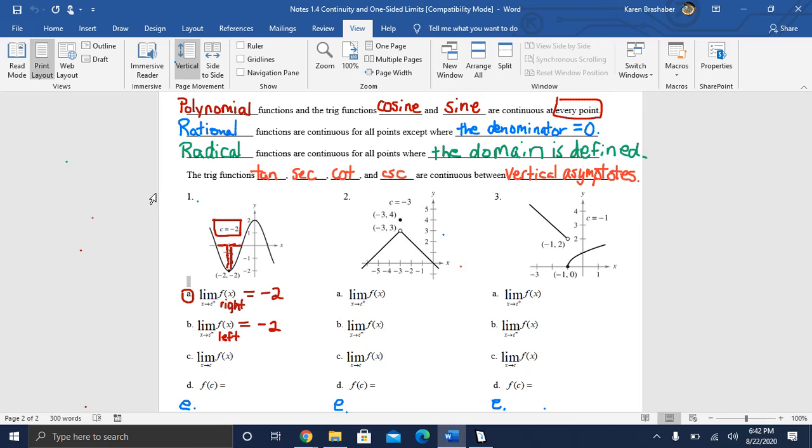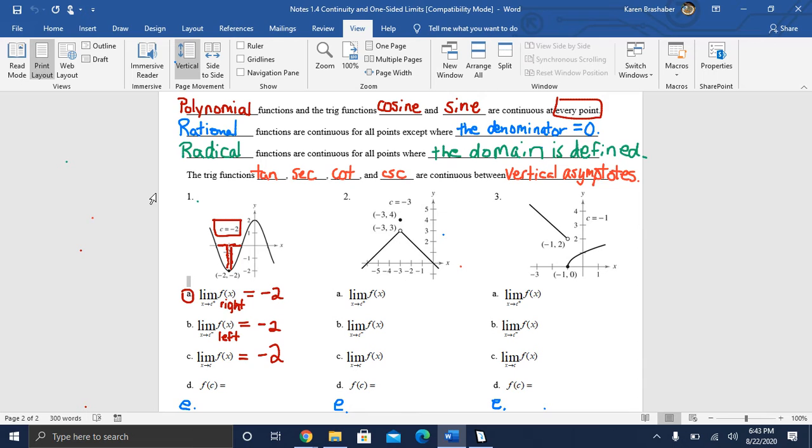Well, based on the theorem that we stated at the end of our last video, we said that if the limit as x approaches c from the left and from the right are the same, then the limit exists and in fact is that value. So the limit as x approaches -2 is our y value of -2.